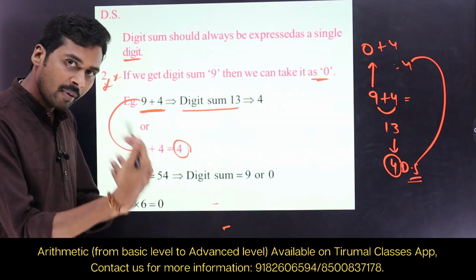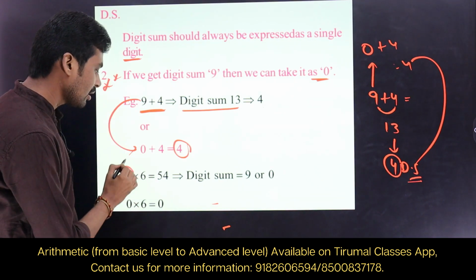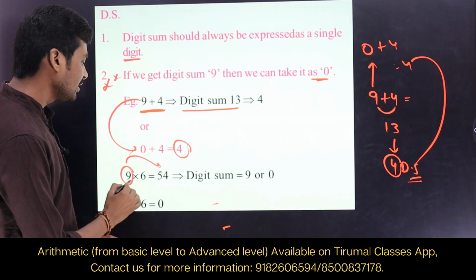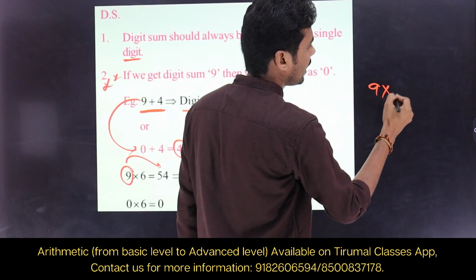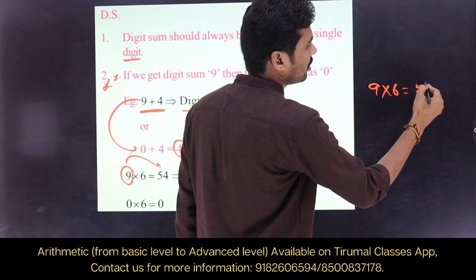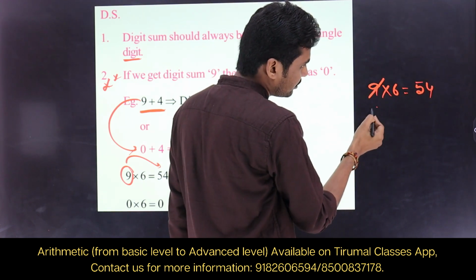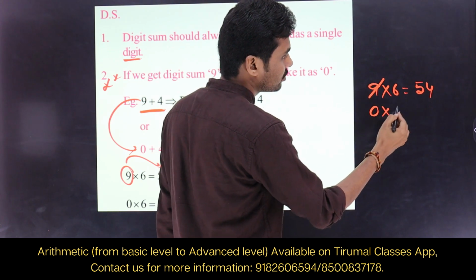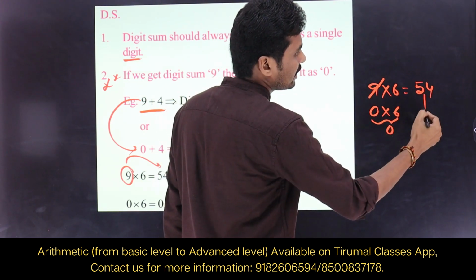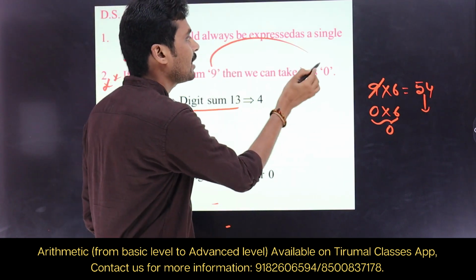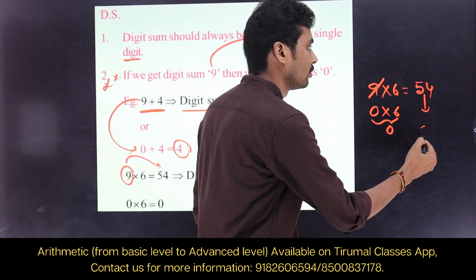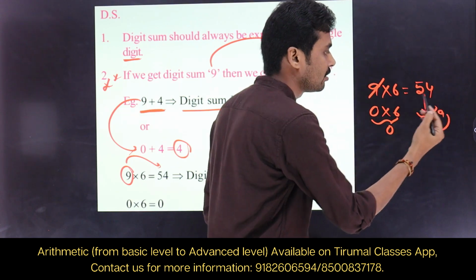And similarly, even if you multiply, 9 into 6 is what? 54. What is the digit sum? 5 plus 4 is 9. Suppose I take 0 instead, 0 into 6 is 0. As I already mentioned, 9 can be taken as 0. 9 or 0, both are the same.